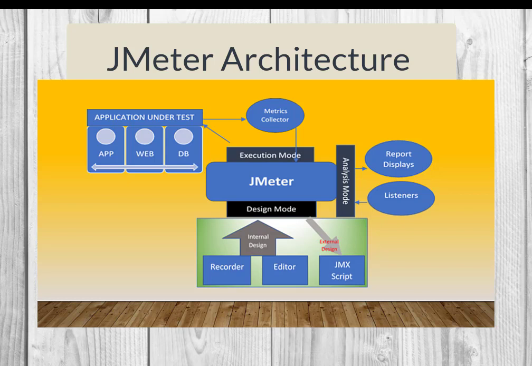Each listener provides a report or graph. Both the execution mode and the analysis mode can be accomplished independent of JMeter due to non-GUI supportive JMeter tools which provide extended capabilities. Even developers can use JMeter for performance testing.